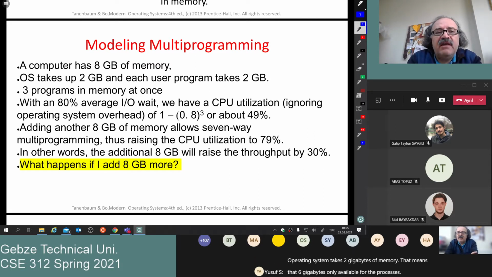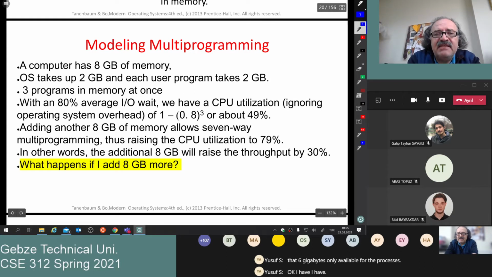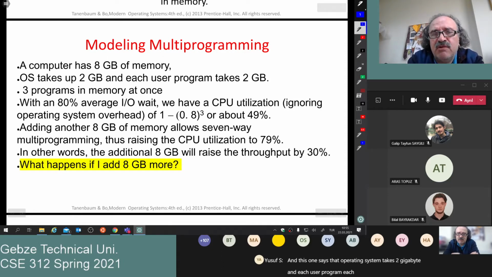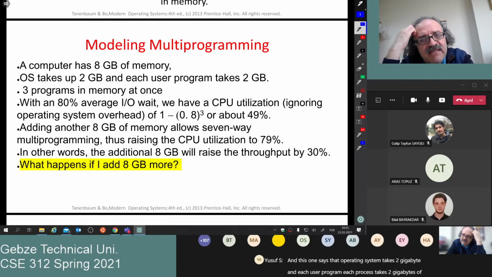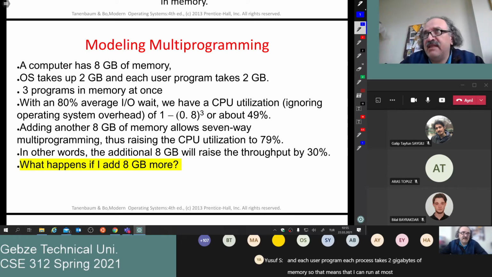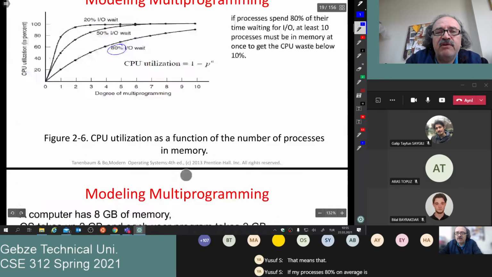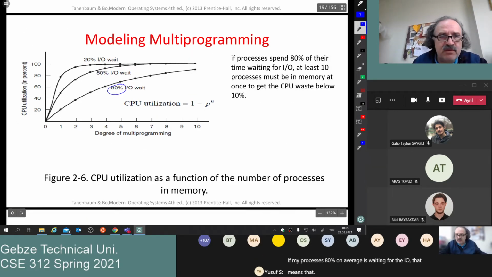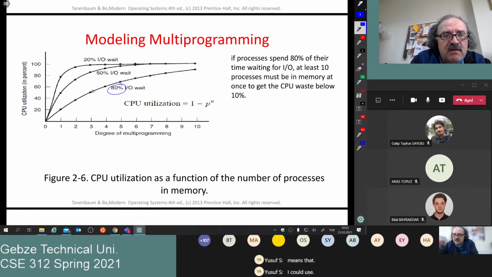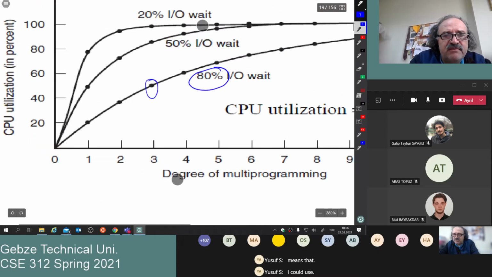This example says the operating system takes 2 gigabytes and each user process takes 2 gigabytes of memory. That means I can run at most 3 programs at the same time. So if my process is on average 80% waiting for I/O, I could use at most this much.